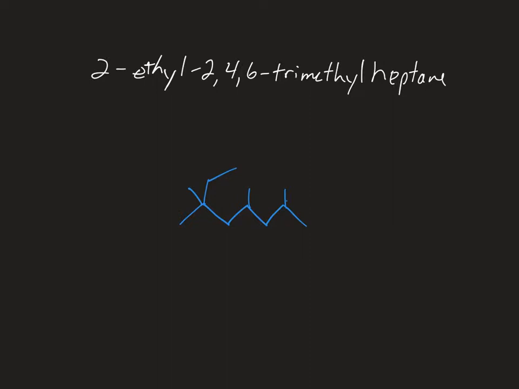And they're telling us this name is incorrect. So possibly the longest parent chain is not being identified here. So let's see if we can find it. 1, 2, 3, 4, 5, 6, 7. 1, 2, 3, 4, 5, 6, 7, 8. There it is. 8 is the longest parent chain. So that means it's an octane.